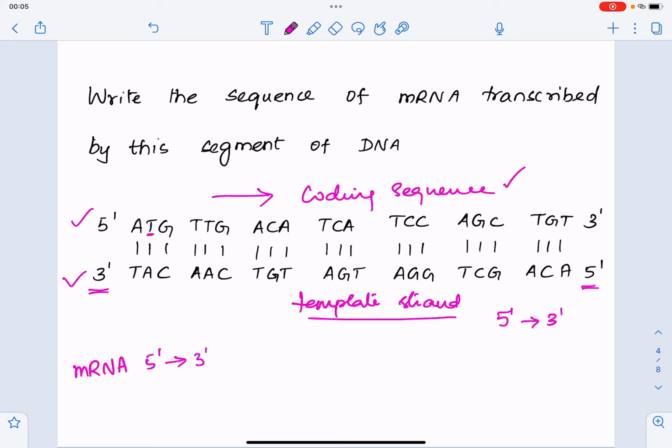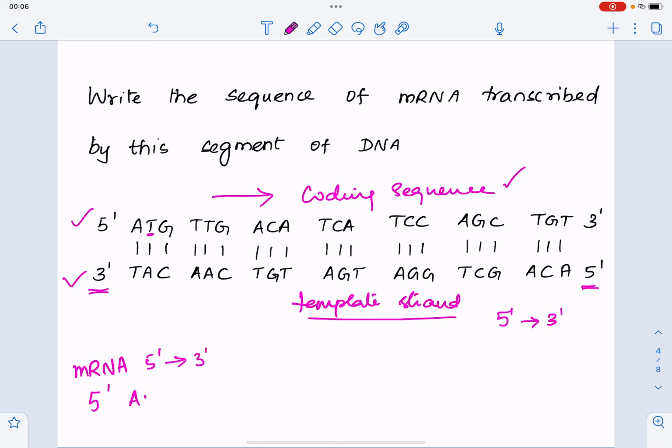So let's decode this. You are going to transcribe the mRNA, and the mRNA is synthesized in the 5' to 3' direction. As you move from 5' to 3', the sequence will be exactly that of the coding strand and complementary to that of the template strand. Are you able to understand? This is the sequence of mRNA from 5' to 3' that I am going to write now.